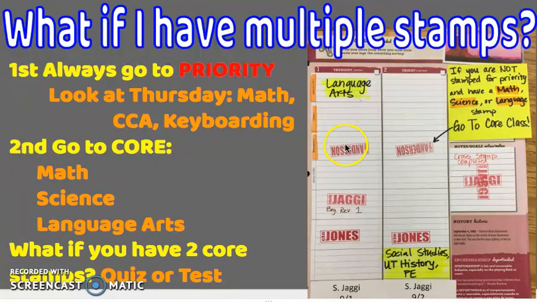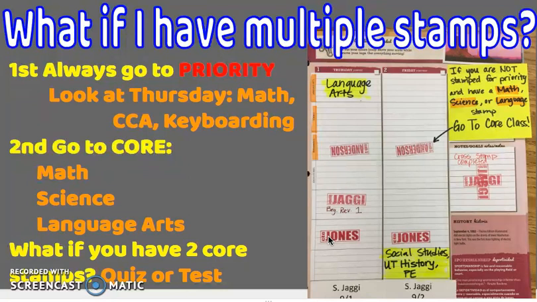Let's just pretend for a second that we have this same Thursday, which is a language arts priority, but instead of Anderson, Yagi, and Jones, let's say we now have Anderson, Yagi, and Stewart. So we have Anderson, who's a PE, not a priority day and not a core.